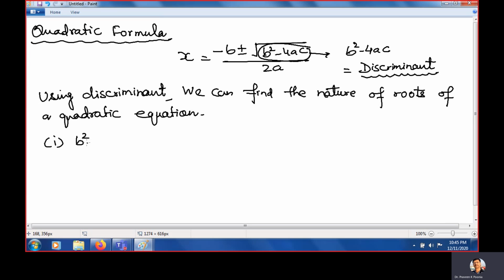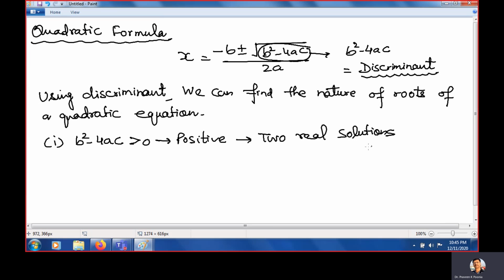Then if you find b square minus 4ac and it is greater than 0, greater than 0 means positive, then we will have two real solutions.